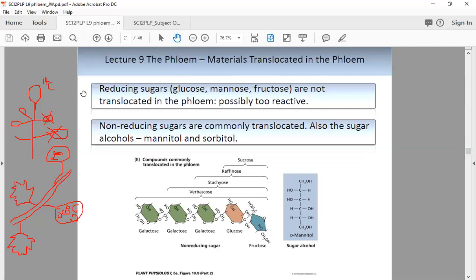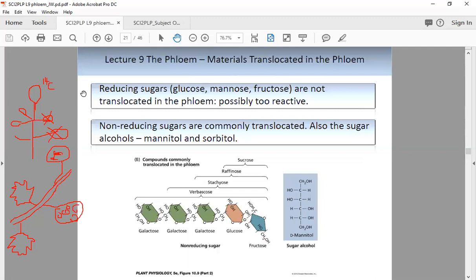But you might remember, I might jog your memory, that when we talk about these monosaccharides, if you remember a little bit of your organic chemistry, you might recall that they contain aldehyde groups or ketone groups. And that's the part of the monosaccharide that can be reduced or oxidized.